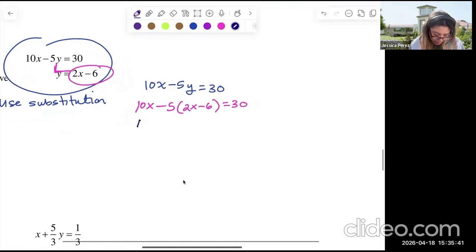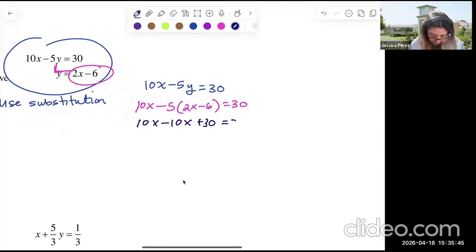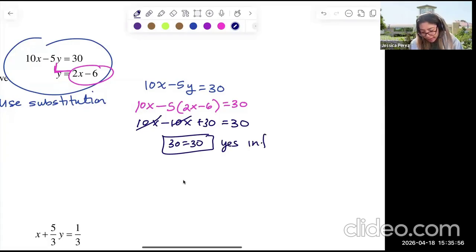And then, well, we have 10x minus 10x plus 30 equal 30. I have a positive 10x and a minus 10x. This cancels, and this gives me 30 equal 30. Is that true? Yes. This means that you have infinitely many solutions.